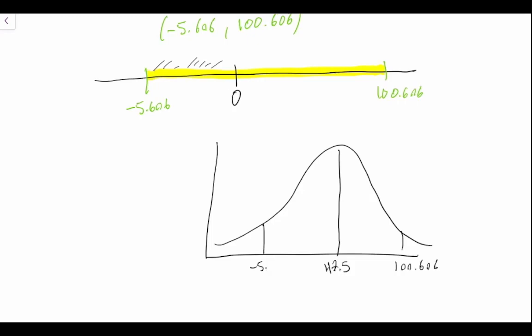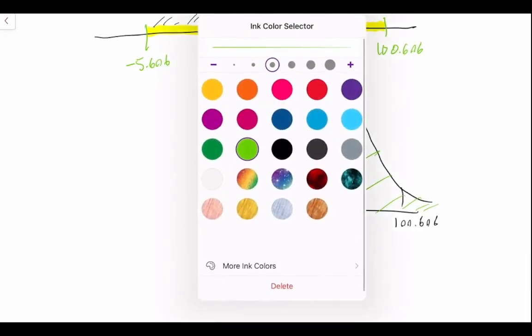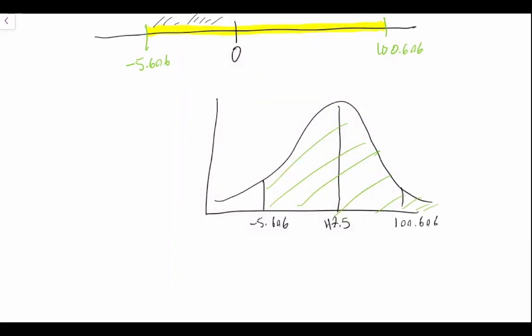So when we say that there's a 97.5% probability of being above the lower limit, that is what we're saying. The area to the right of this lower limit is equal to 97.5%. Now that makes sense because we know that the area to the left is equal to 0.025.